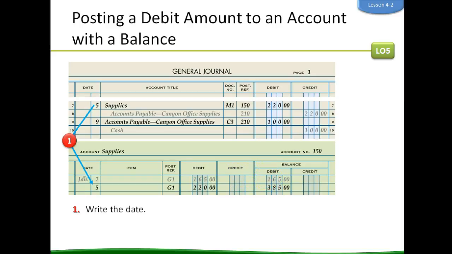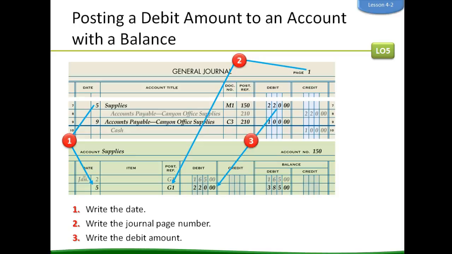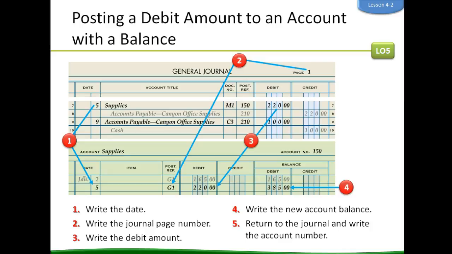Now when we go ahead and post this new transaction from the 5th, we're writing in the journal number, we're writing in the debit, then the new account balance, you're going to see that we're going to be adding the $220 debit to the $165 balance, and the new balance in our supplies account is $385.